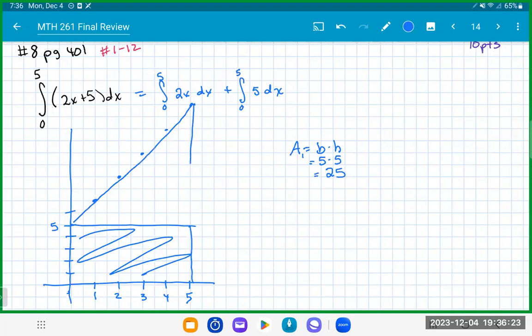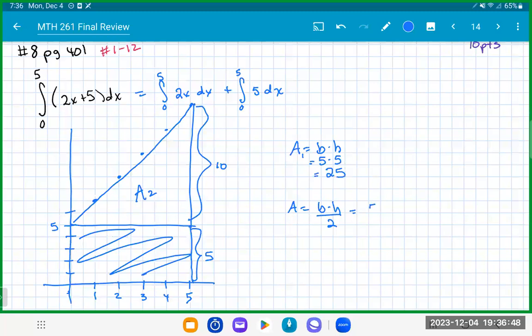And so you can see that that's this area right here. This is our area 2. Then we can see that this height is 10, where this height was 5. So we can again do area is our base times height, but this time we have to divide by 2 because it's not the whole square, it's only half of it.